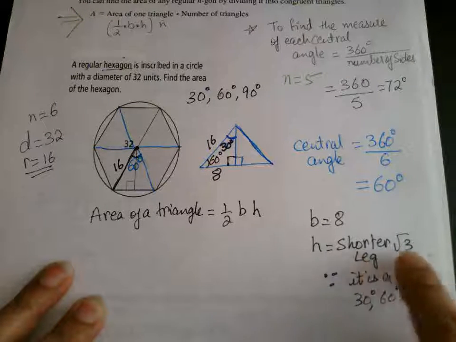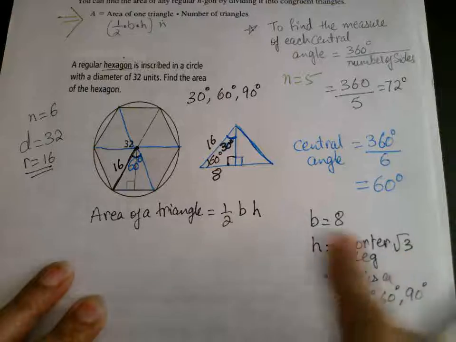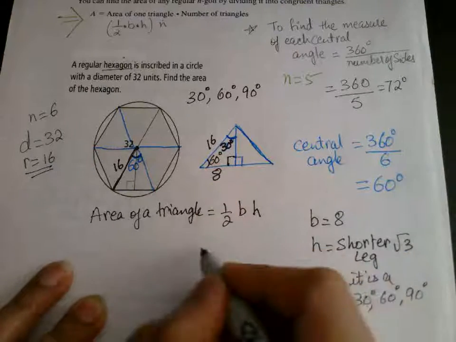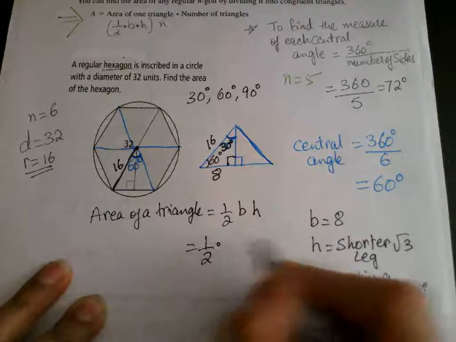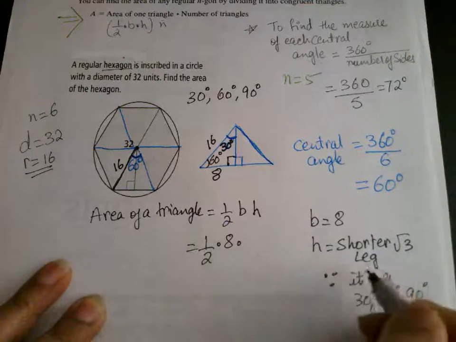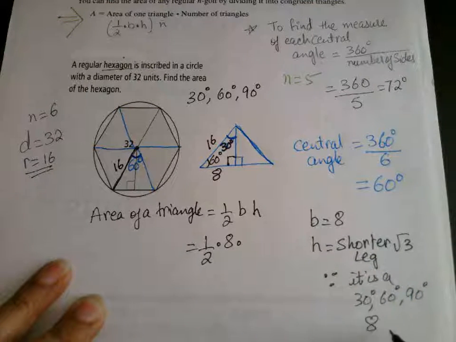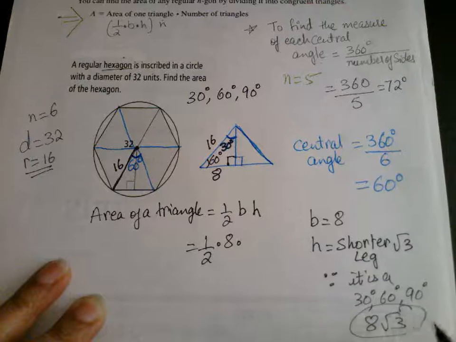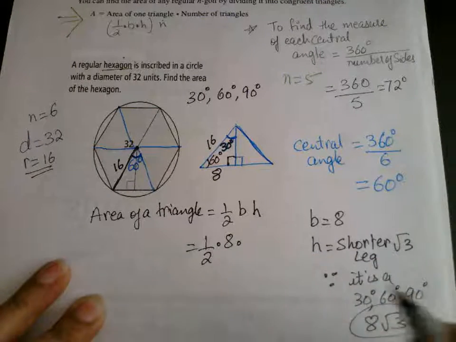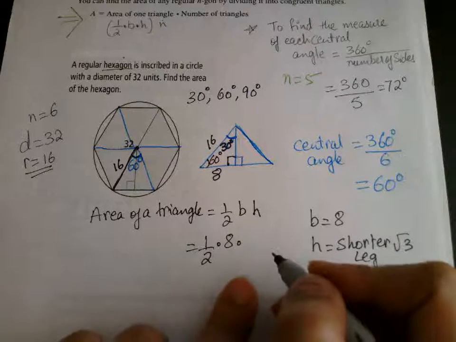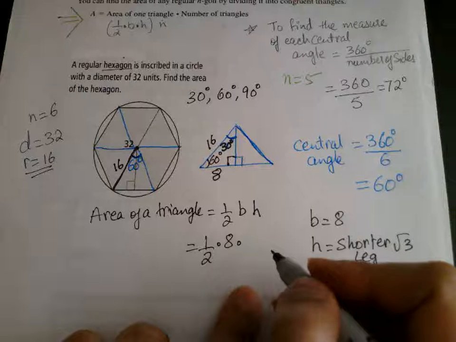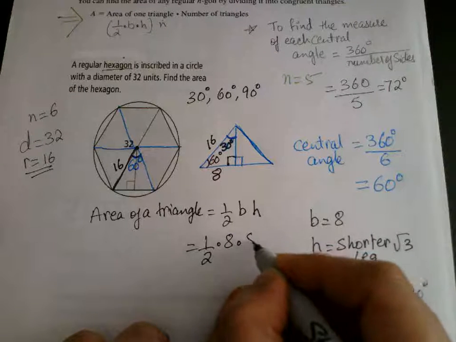So because it is shorter leg root 3, and the shorter leg is 8, half times base is 8 and the height will be 8 radical 3. And it will give you 8 radical 3.